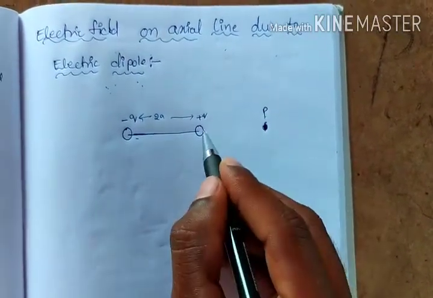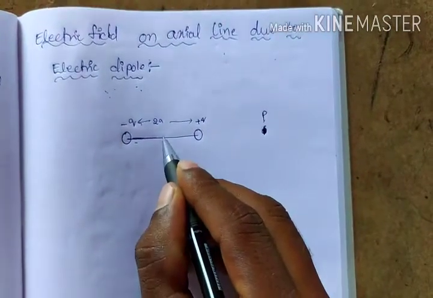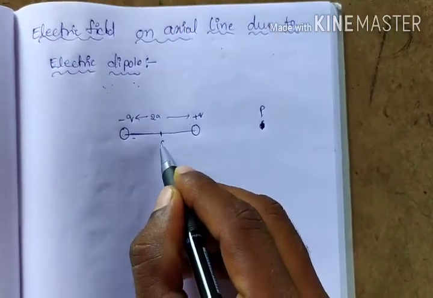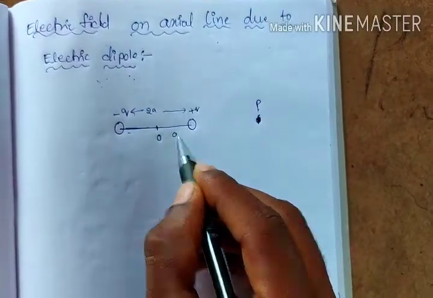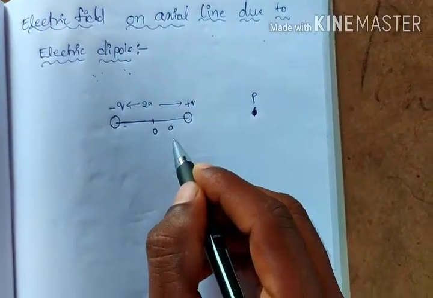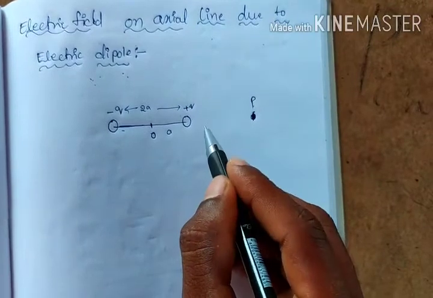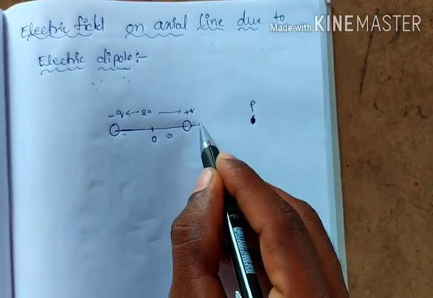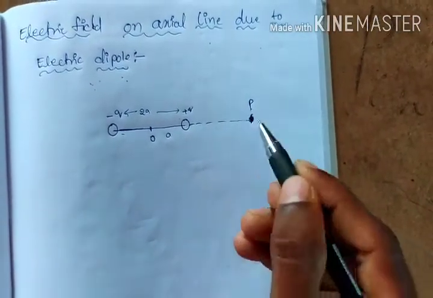Now, the 2a distance: every dipole has a center, which is O. From here to here is a. Now, what is the effective distance from plus Q to P?